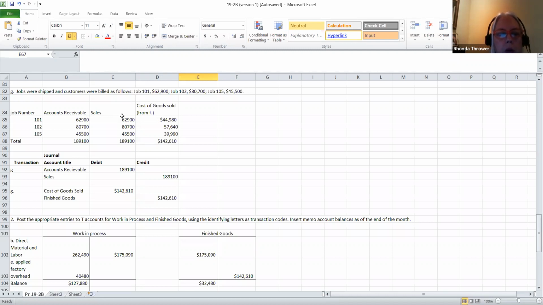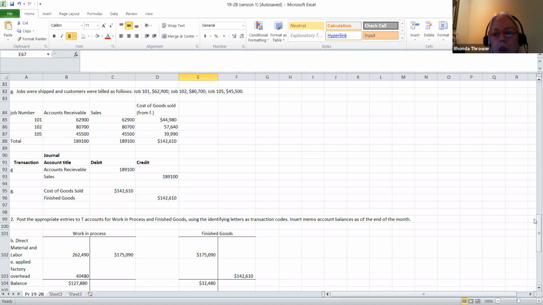So I just made up a column for sales because we're going to keep up with the total sales of each one of these jobs, as well as the total accounts receivable for each one of these jobs. The third column that I had set up is to show you the cost of goods sold from Part F.